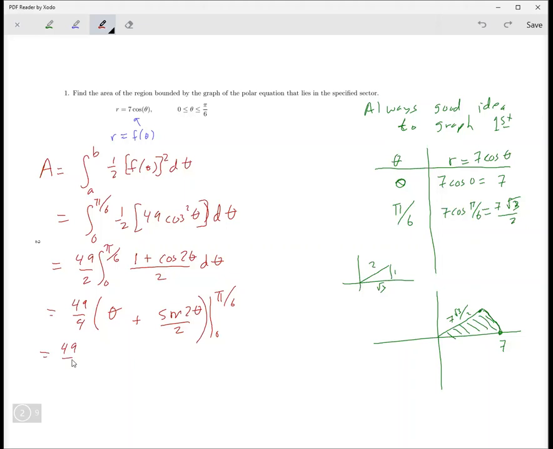Then when I plug stuff in, I plug the upper limit in first, so pi over 6 plus sine of pi over 3, over 2. That's the upper limit. When I plug the 0 in, I get 0 plus sine 0, so that part is just 0.